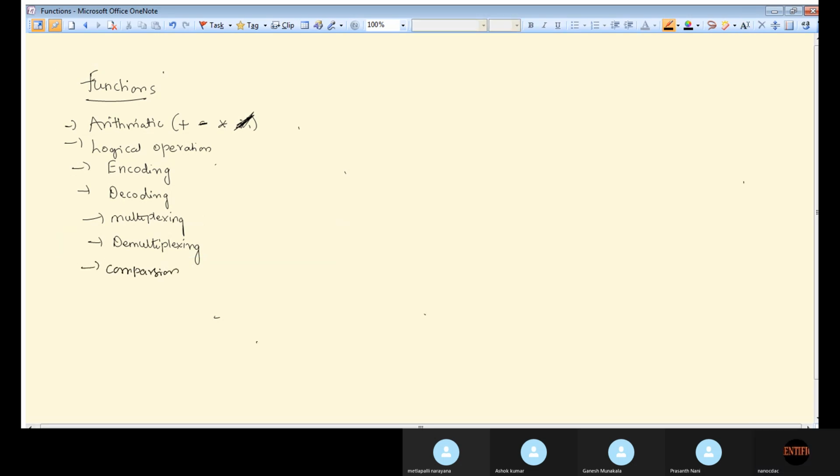Comparison, counting, code conversion. These are all the functions. Next, counting, which someone mentioned earlier, very good. What else can digital circuits do? Frequency division, and data transmission.